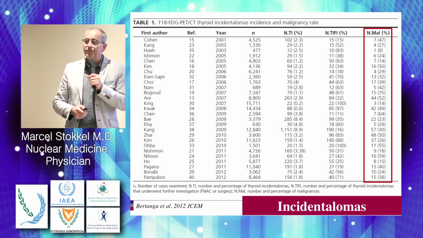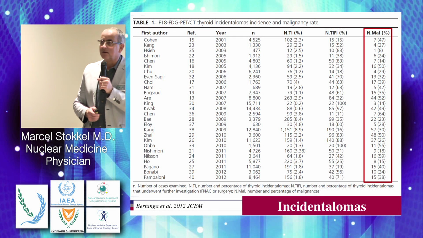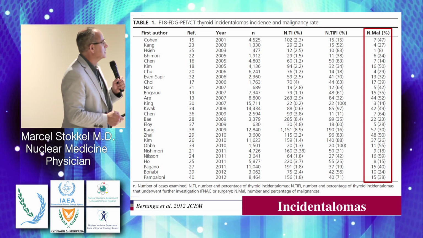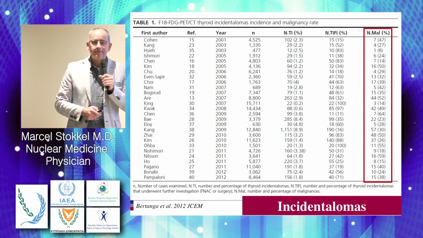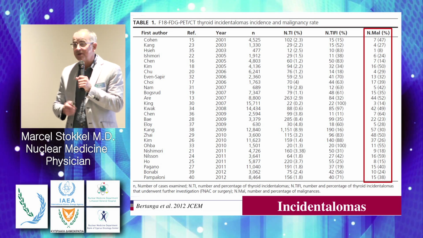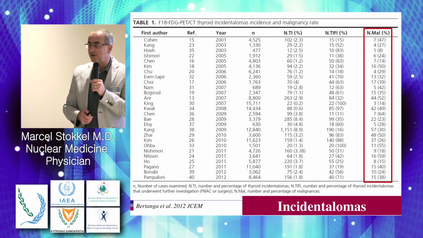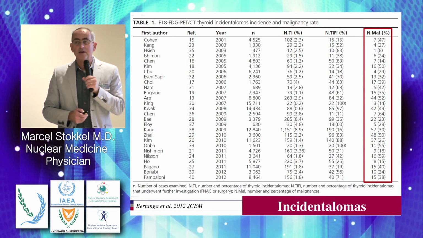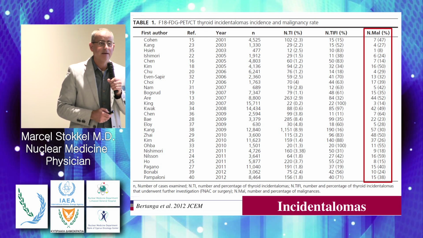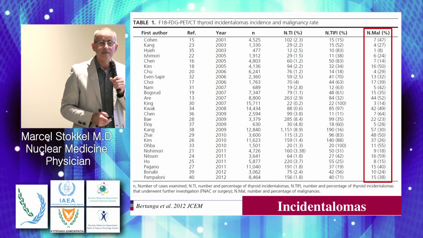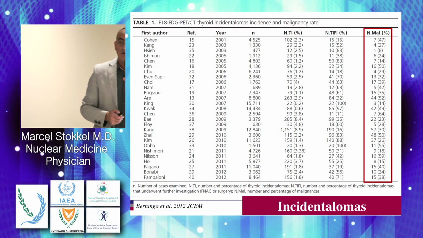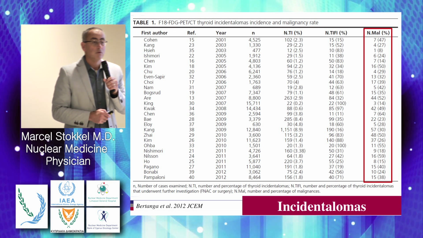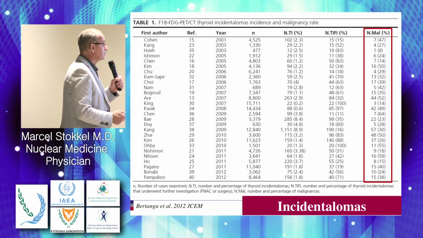The step from nodules to incidentalomas is not that big as it might appear. When you do PET scanning in clinical practice, and especially in an oncological center, you may find quite often focally increased uptake on a PET scan. And the question, of course, is it a metastasis from a well-known primary tumor, or is it a new or a second primary tumor?